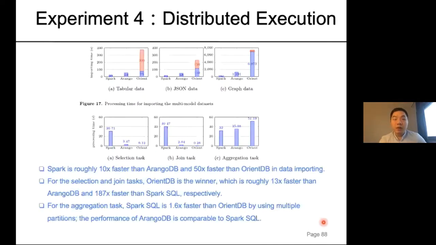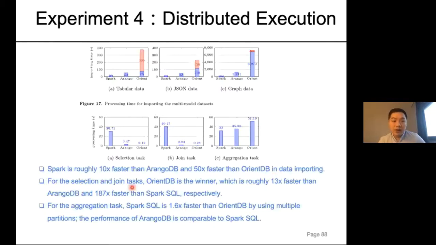So we also compare the query performance in distributed execution with SparkSQL. We found that SparkSQL is roughly 10 times faster than ArangoDB and 50 times faster than OrientDB in data importing, because in SparkSQL, they simply copy the local files to the HDFS store without any transformation.